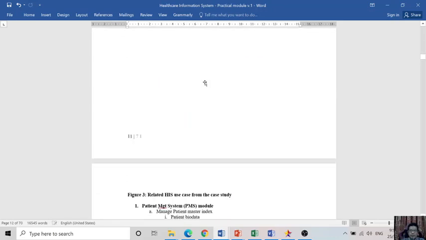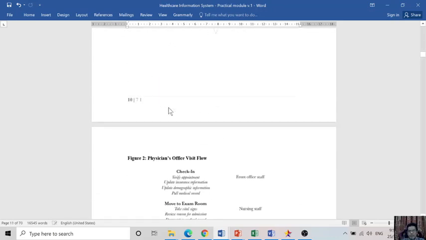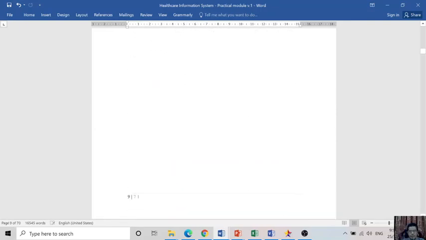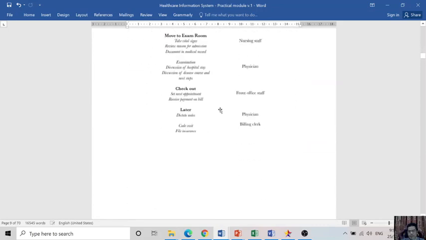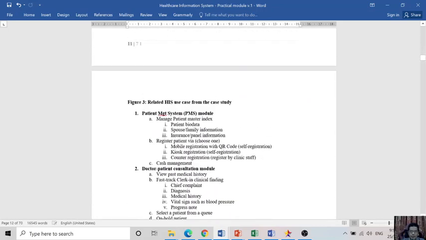After you study this one, you should read figure 1 and figure 2, the case study, and then you should come up with this module. So how to capture the requirements? You have to read the case study.